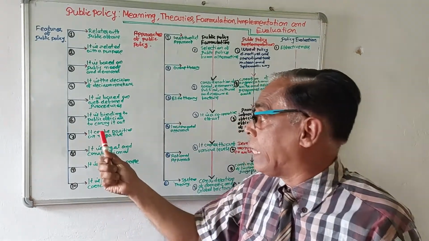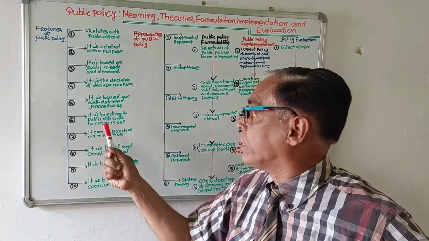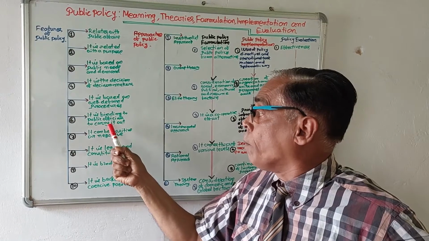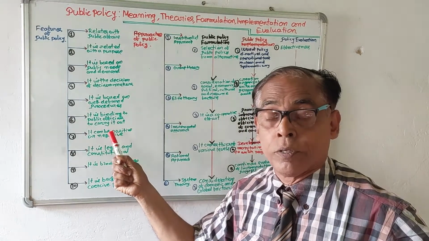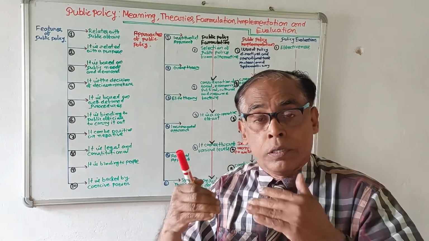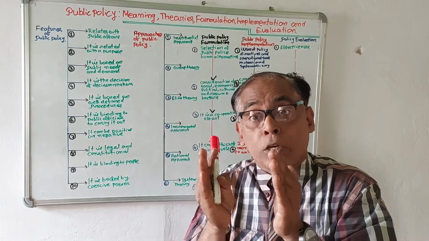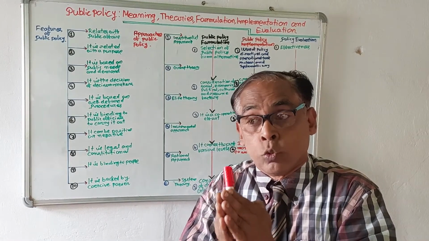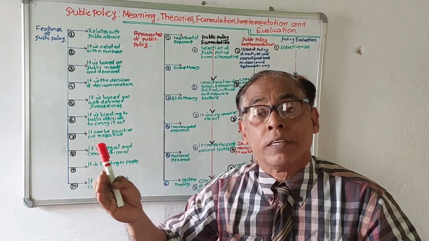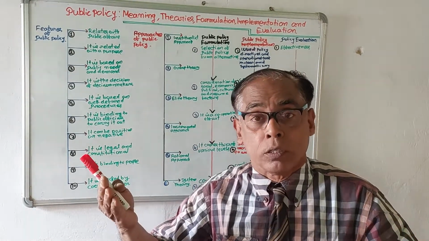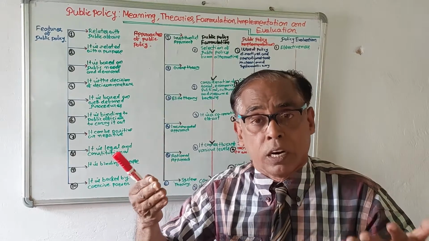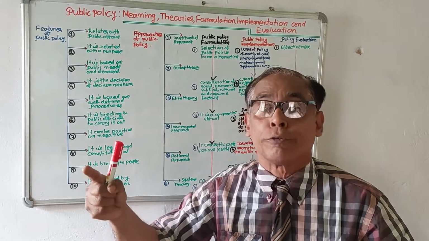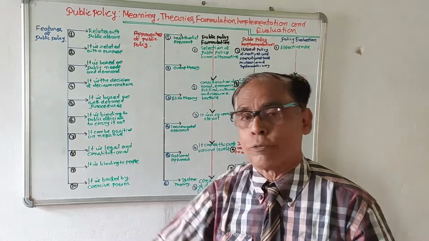Another feature of public policy is that it is binding on public officials to carry it out. It is the duty of public officials, government officers, to carry out public policy. They are bound to carry it out.